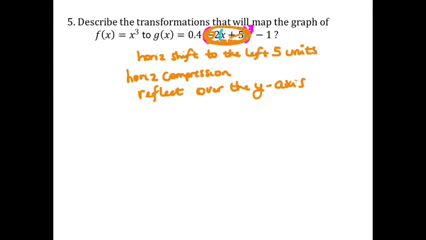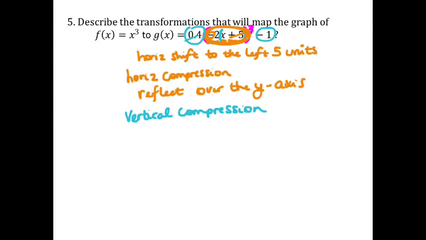Now the other transformations that I have are this 0.4 outside and the minus 1. Let's deal with the 0.4 first. It's being multiplied times that cubic function, and so that's going to be a vertical change. And since it's 0.4, less than 1, that's going to be a vertical compression.